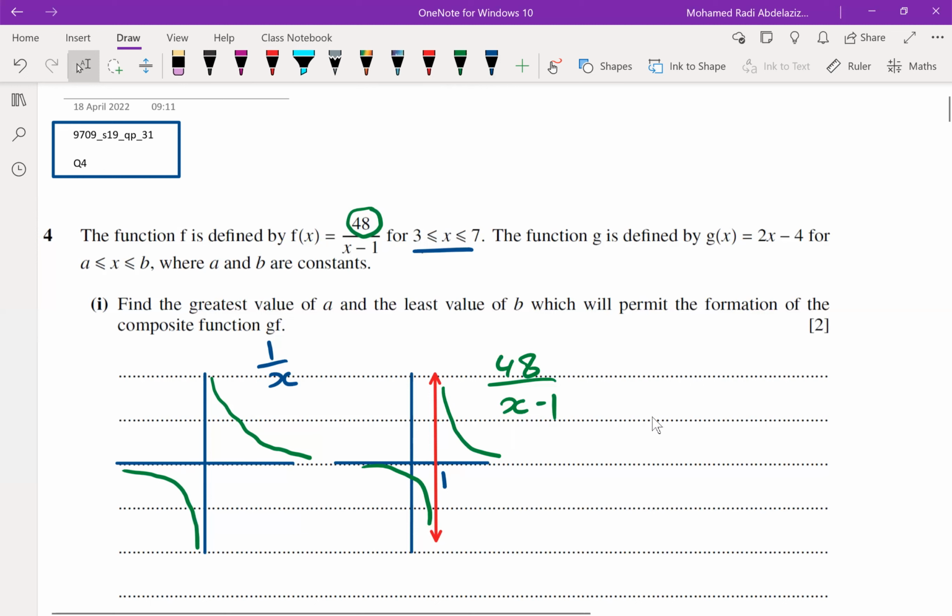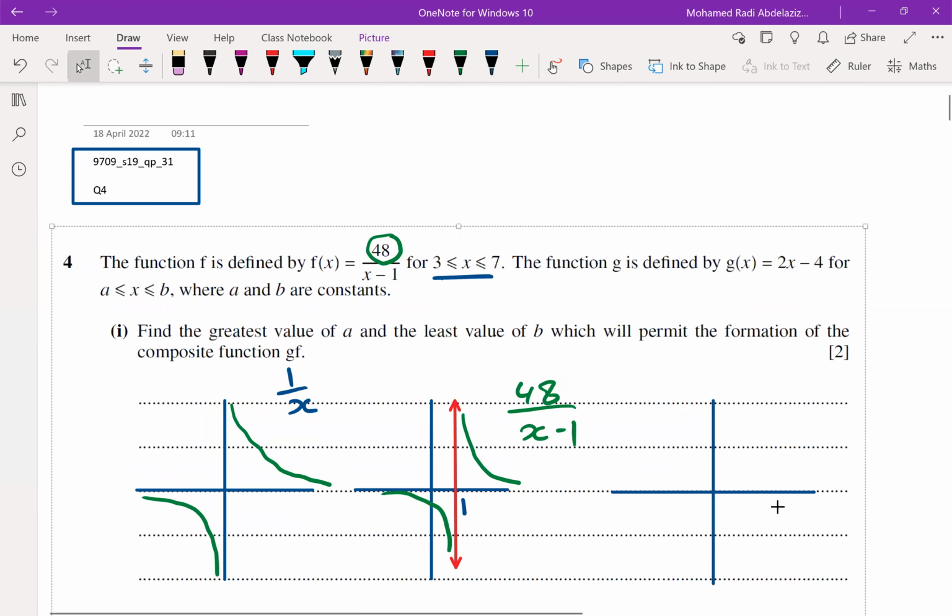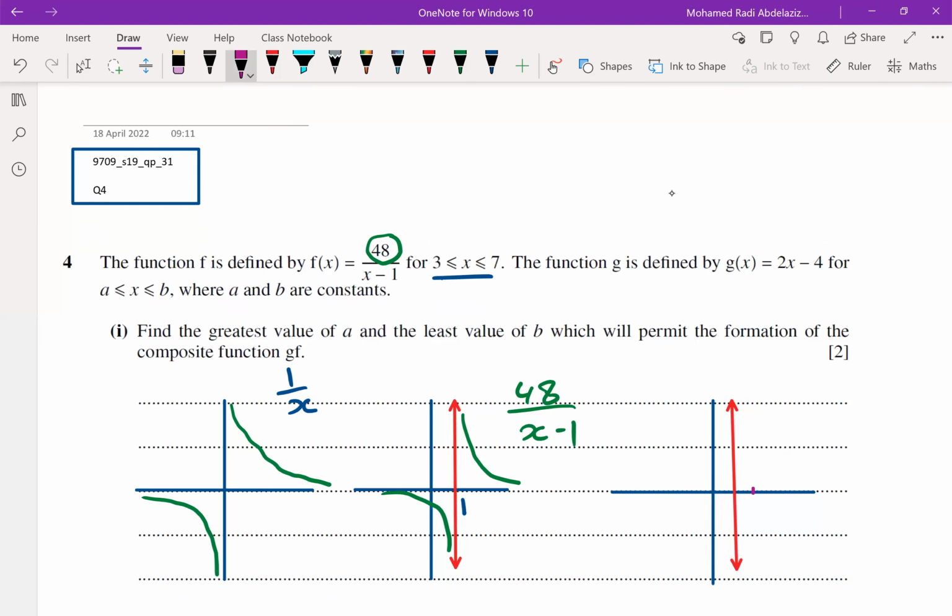I will again sketch the graph for the given domain by drawing the vertical line, which is called the asymptote line, the vertical line at 1. Then I will follow only the given domain. The given domain starts from 3 till 7.